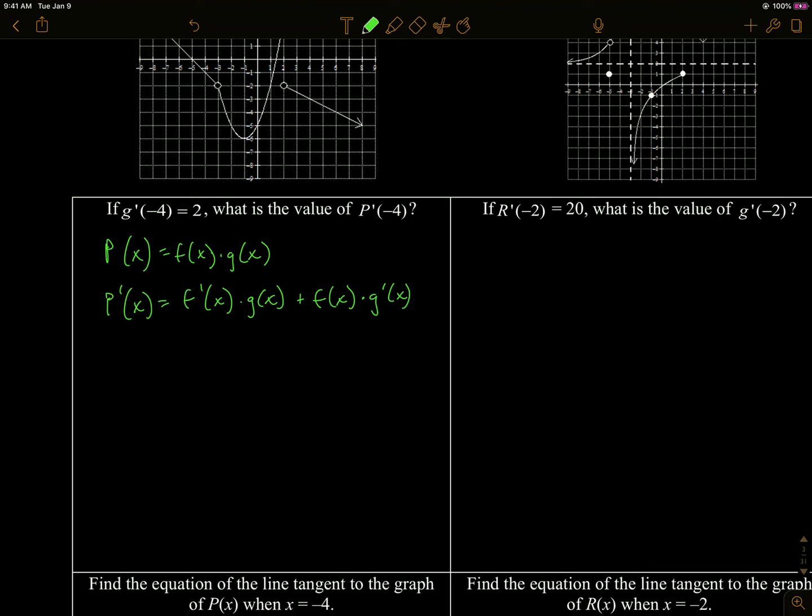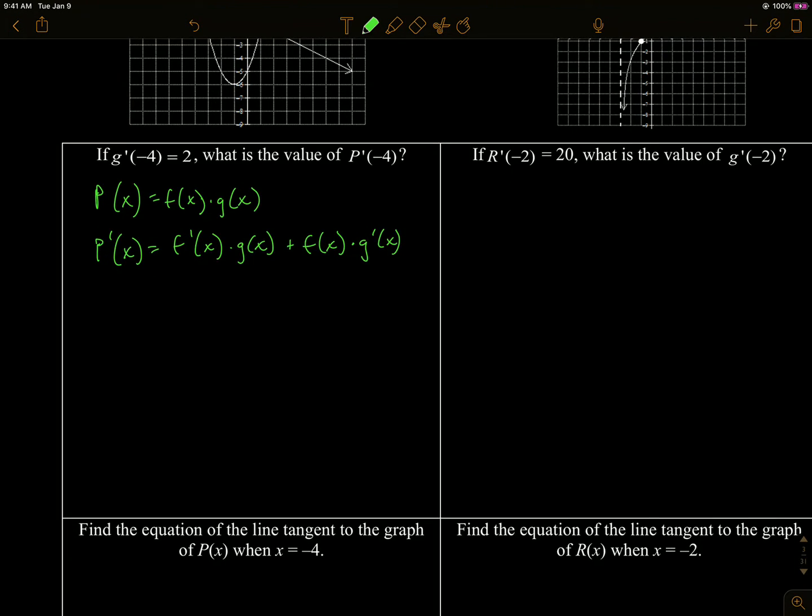Now what we need to do is plug negative 4 into that. So p prime of negative 4 will equal f prime of negative 4 times g of negative 4 plus f of negative 4 times g prime of negative 4.